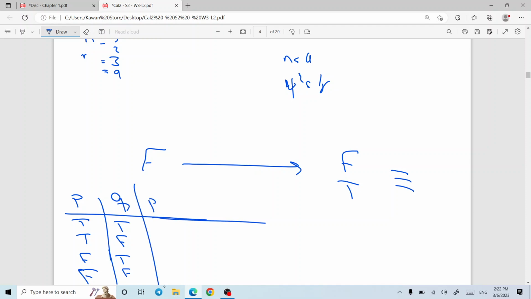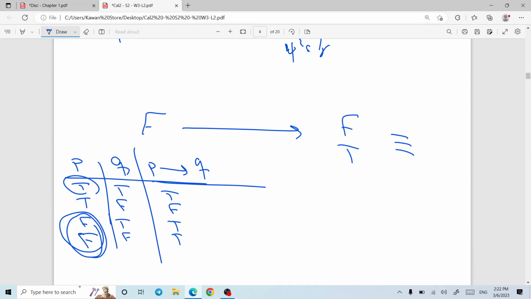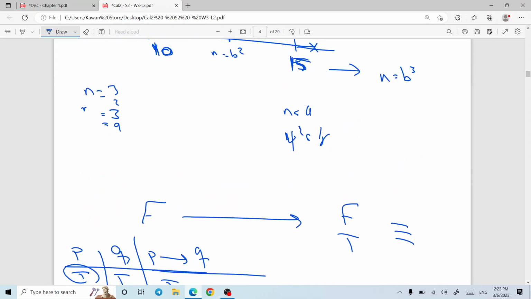If P then Q, if both are true, I'll get true, and if P is true and Q false, I'll get false. If P is false, and Q is true or false, the result will be true. So it means this question at the beginning is wrong, it's not a real question. If you insist it's a question, I say the result is true.